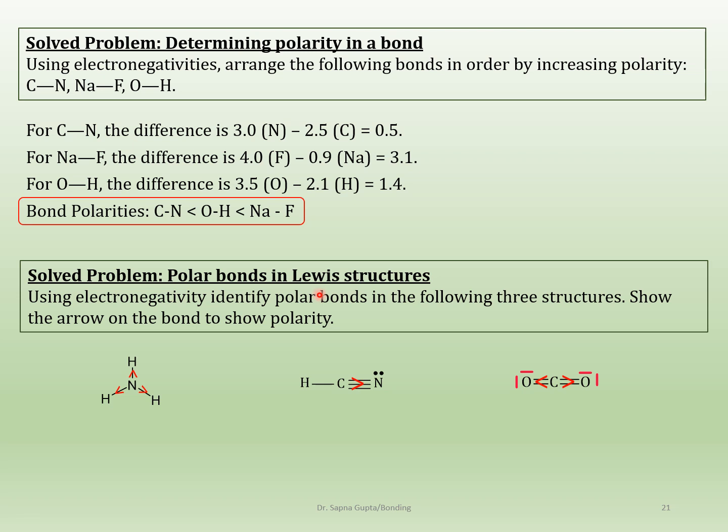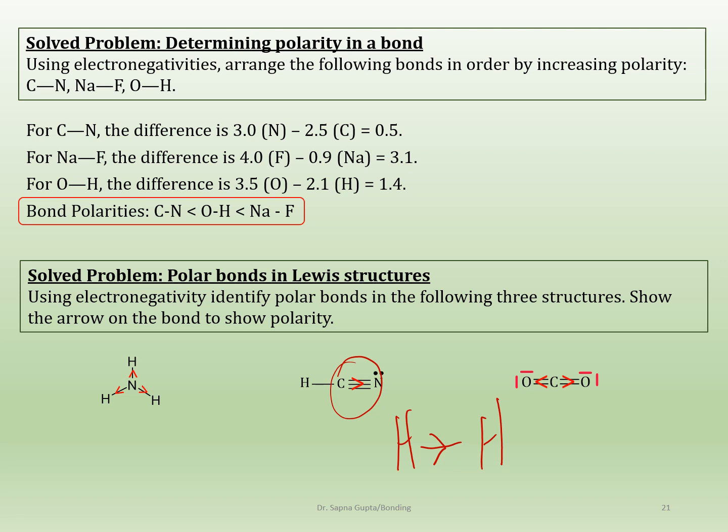Let me talk a little bit about this. Using electronegativity, identify the polar bonds and then show the arrow on the bond to show polarity. One of the ways that we also show polarity in a bond is by showing an arrow like this. So for example, in the HF bond, you can show polarity like this also. That's what I have shown to you in this problem.